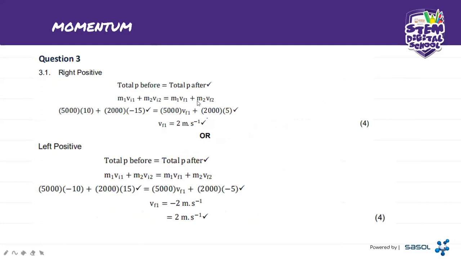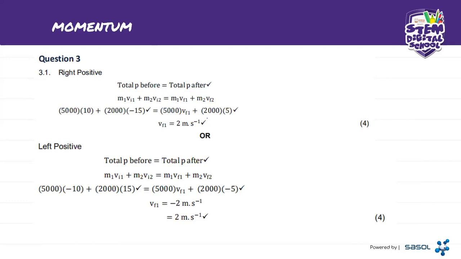But we know that the final velocity of the car is going to be positive because they mentioned in the problem that after collision, it moves 5 meters per second to the right. So that's why it's positive here. So we're looking for our final velocity for the truck. That's going to give us 2 meters per second, so it's going to be 2 meters per second to the right.